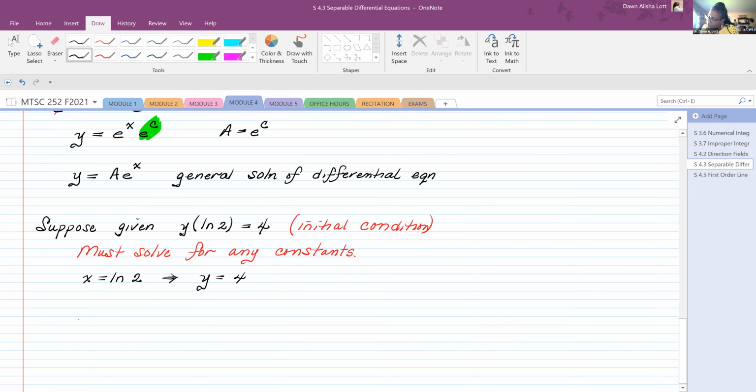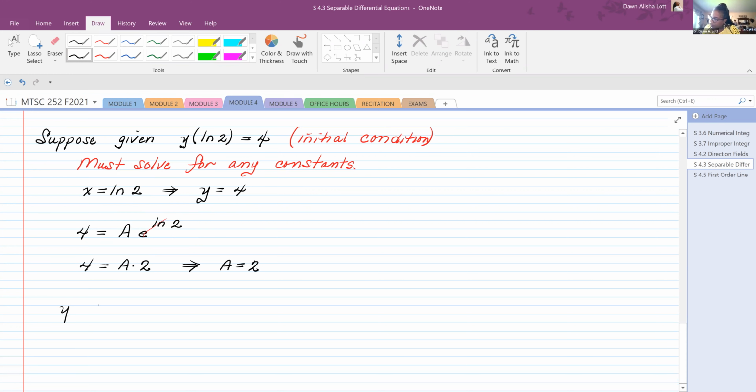So now I have a unique solution, y is equal to 2 e to the x. That is my unique solution, or what we call a particular solution.